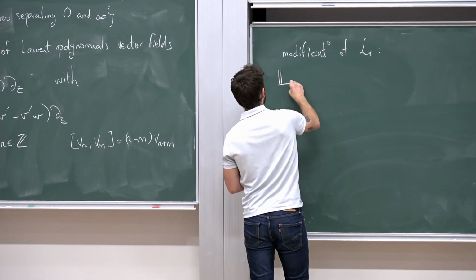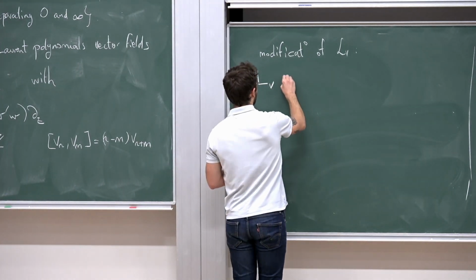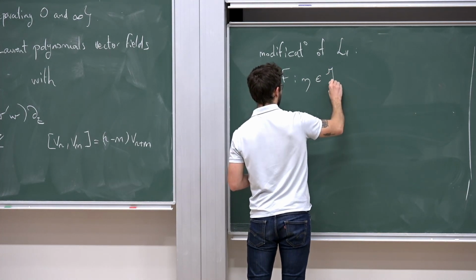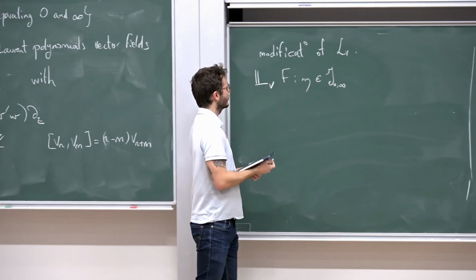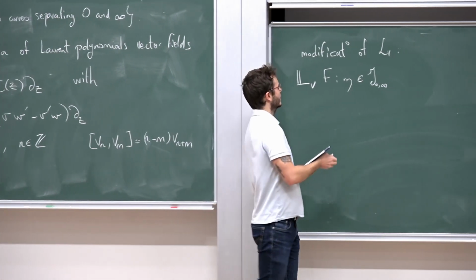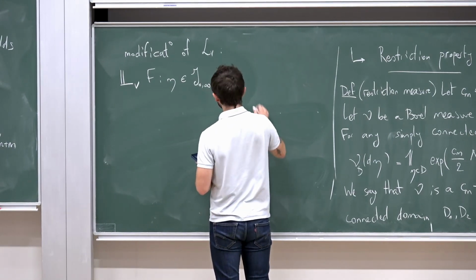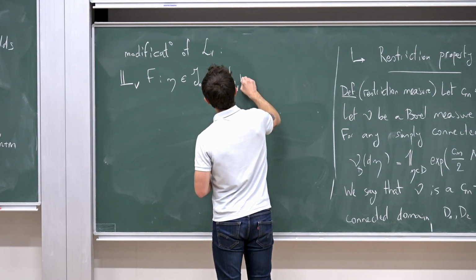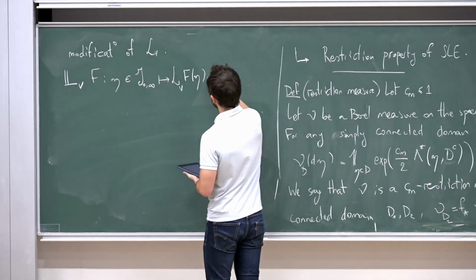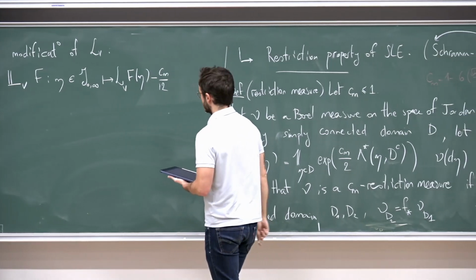So LV like this of F. This will be defined again for nice enough functions F, and to each Jordan curve eta it associates LV F of eta, the one I had before, plus a correction which depends on the central charge Cm.